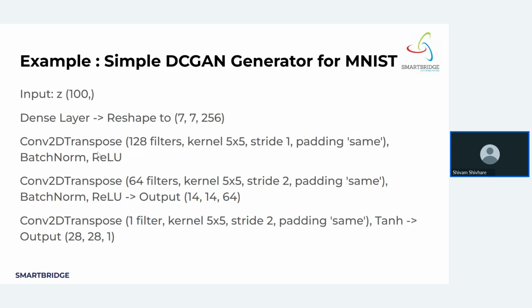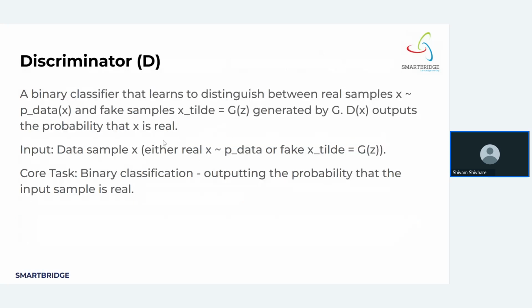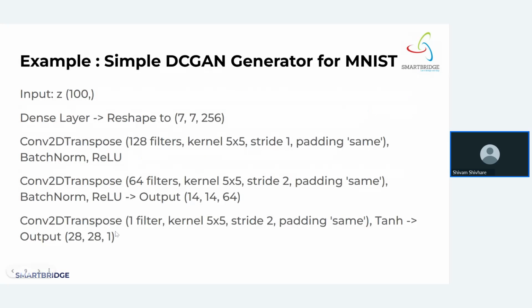We use the first layer as a dense layer, and that is reshaped to a 7 by 7 image size. Okay, like that we add layers. Next we add a convolution transpose layer, and 128 filters of 5 by 5 are applied, and next 64 filters are applied. Finally, they give the output as 28 by 28.